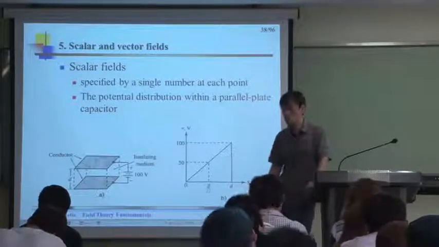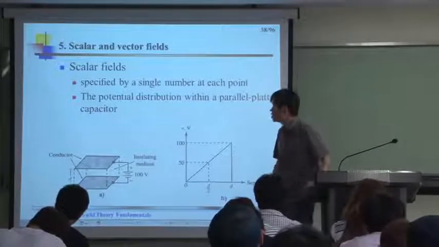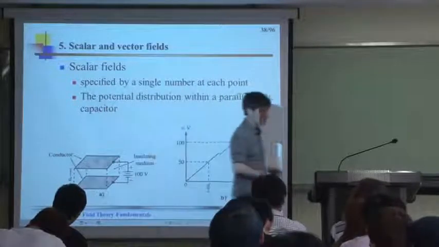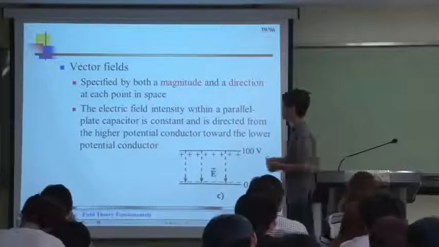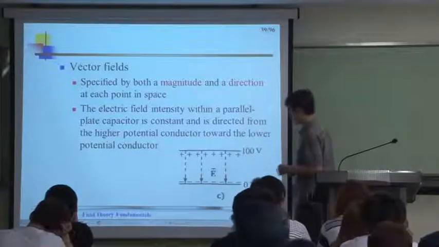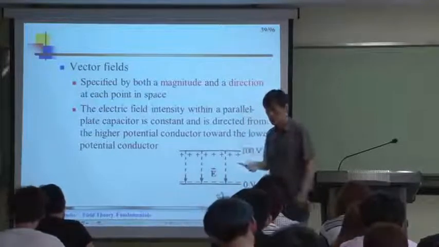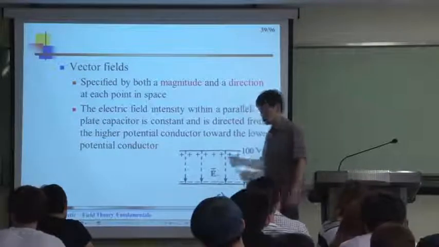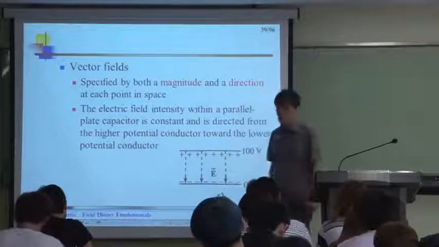You don't need to mention the direction. In that case, you can use the scalar. So that is the scalar. But some physical properties have the information of the direction. For example, if we express the electric field or the magnetic field, then the field not only has the magnitude, but also it has the direction.